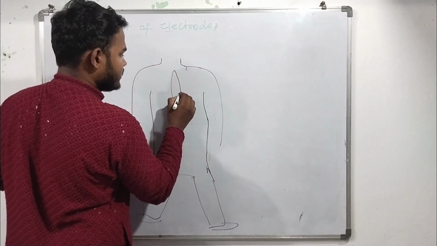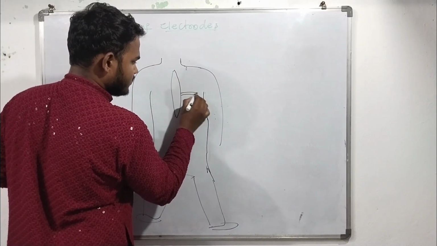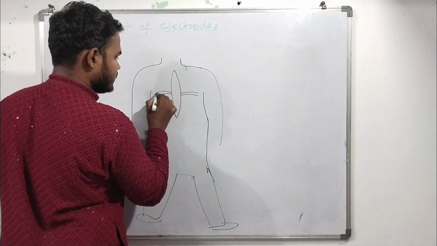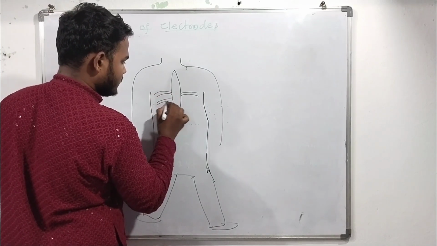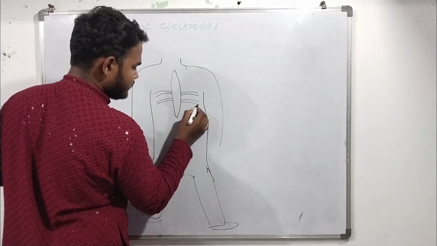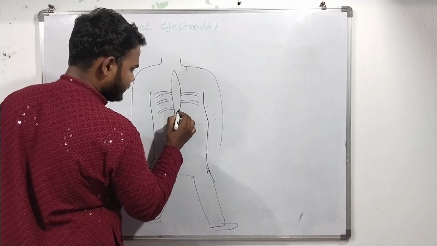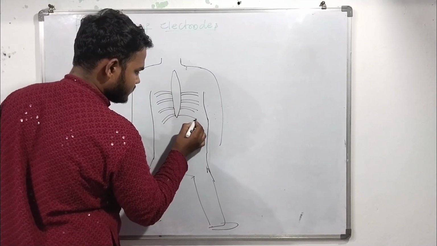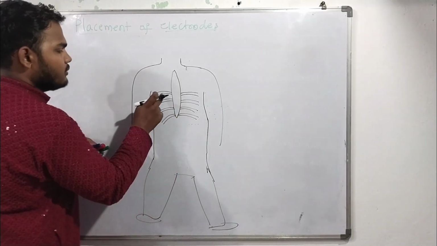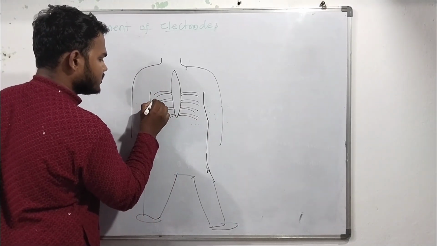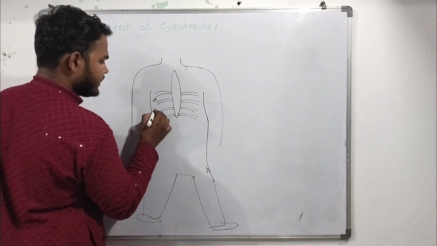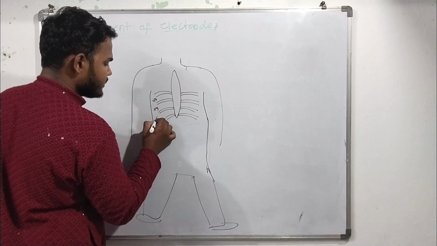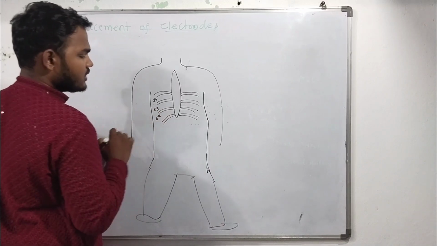Here it is the third rib, fourth rib, fifth rib, sixth. Between the third and fourth ribs there is the fourth intercostal space, here it is the fifth intercostal space, and this is the sixth intercostal space.